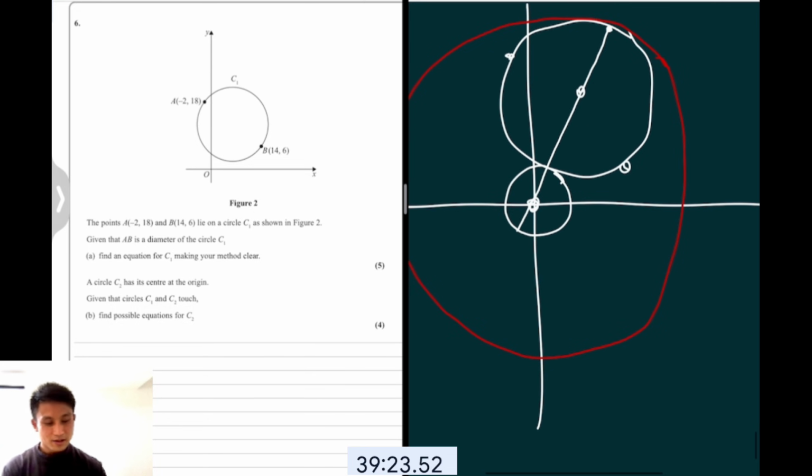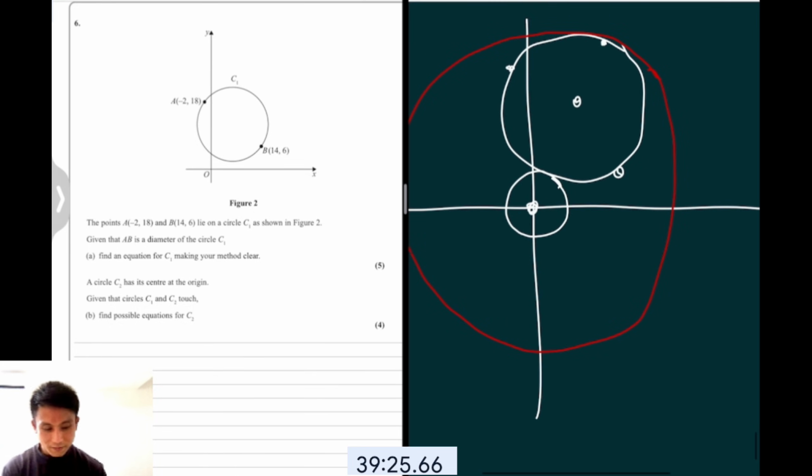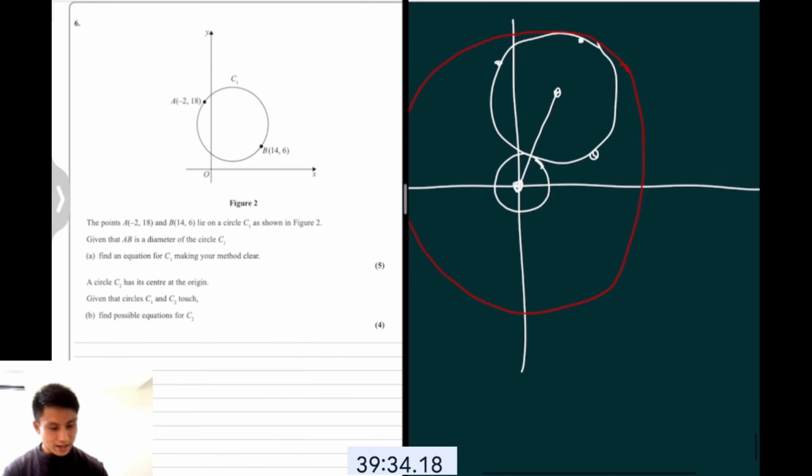So we can also find this distance here, which you can just find with Pythagoras.